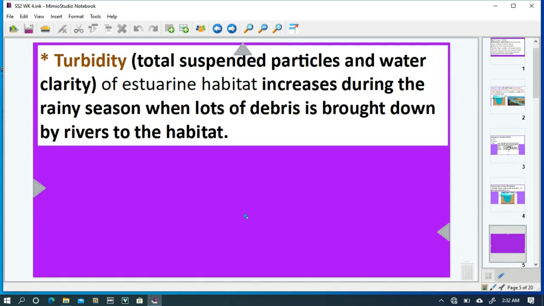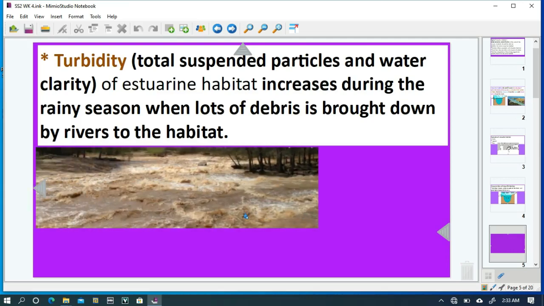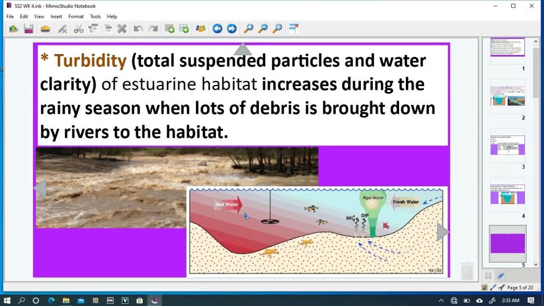Turbidity simply refers to the total suspended particles and water clarity. The estuarine habitat turbidity increases during the rainy season when lots of debris is brought down by rivers to the habitat. Turbidity can be measured by a device known as Secchi disc, and it tends to determine the depth at which light can penetrate.